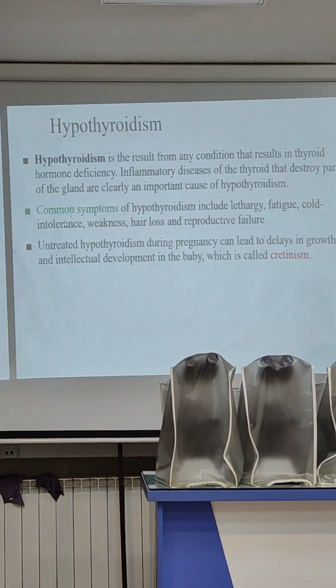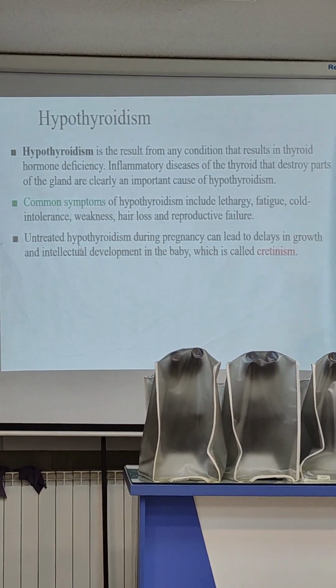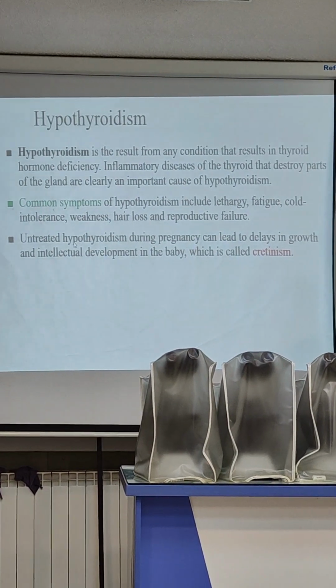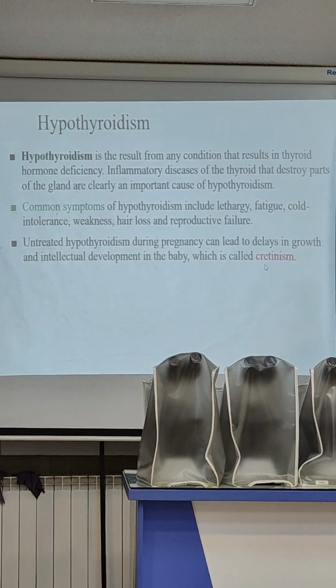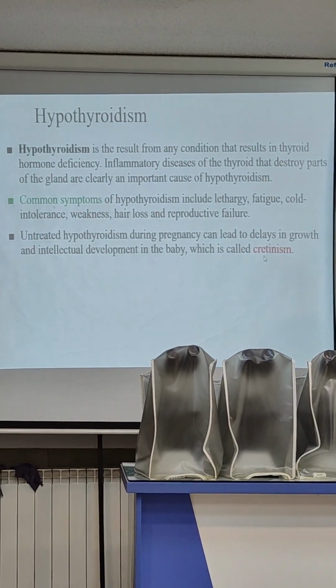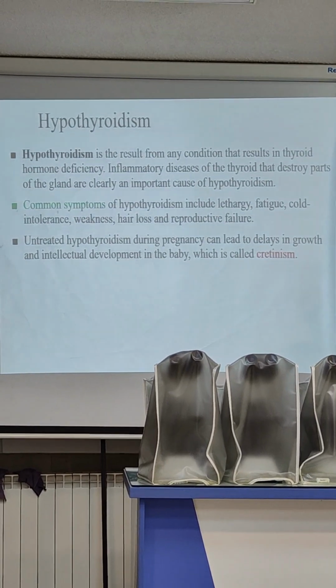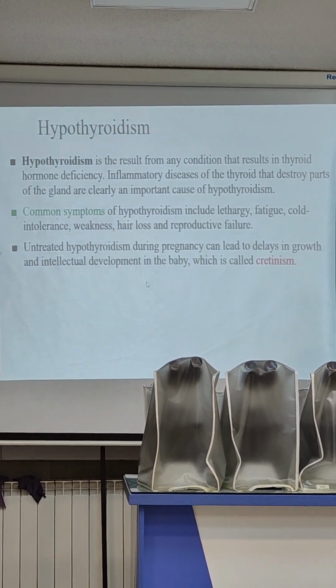The symptoms are very, very important. If you have an untreated hypothyroidism, especially during pregnancy, this condition is known as cretinism. Cretinism, if I ask you, is it hypothyroidism or hyperthyroidism at first? Hypo.